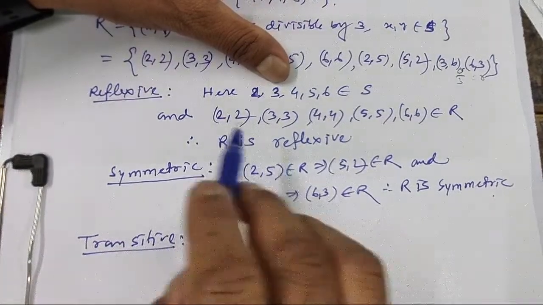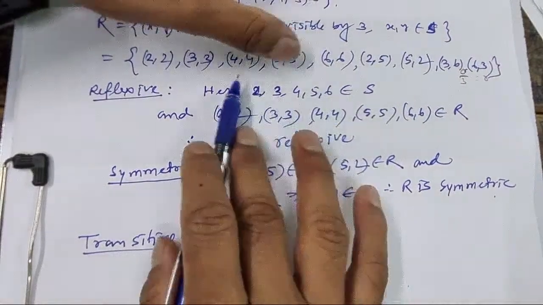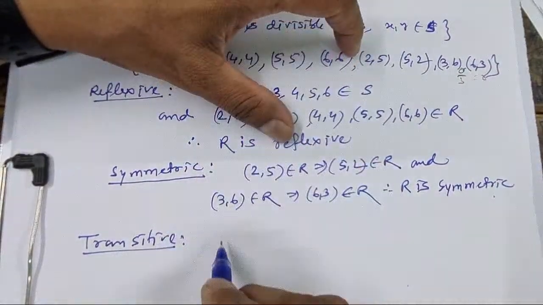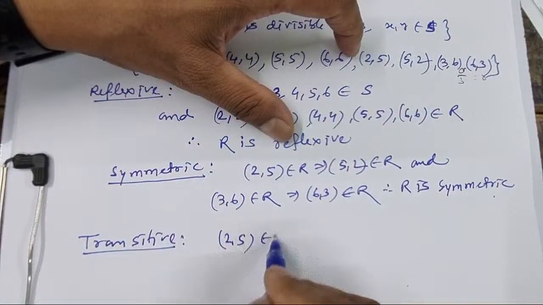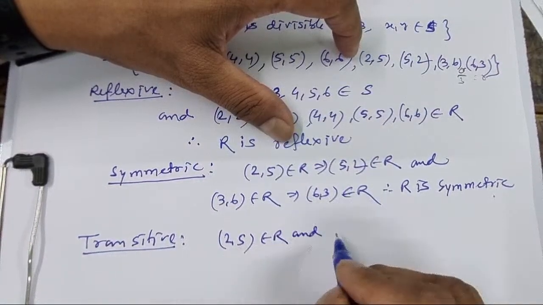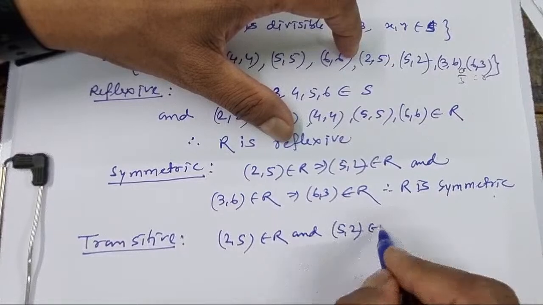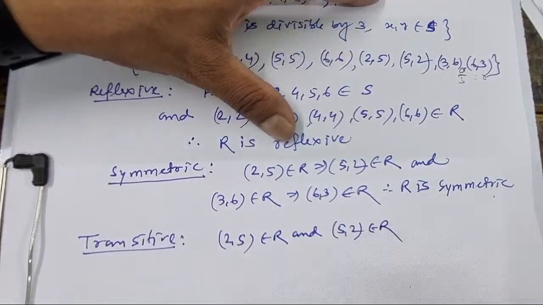Next, coming to transitive. Check here. All the same pairs (2,2), (3,3), (4,4), (5,5) can be taken. So (2,5) belongs to R, and if you take (5,2) belongs to R, what is here?